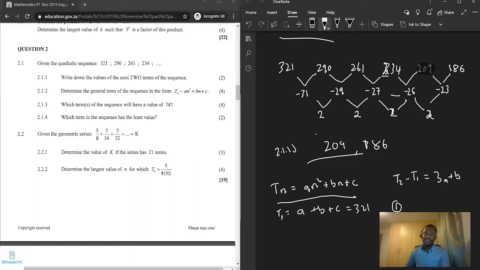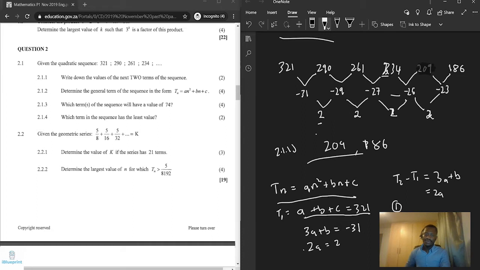If you do the same thing to get the second difference, you'll see that the second difference is equal to 2a. So the first equation is a plus b plus c is equal to 321, which is the first term. Secondly, we have 3a plus b equal to negative 31, that's the difference. And 2a is equal to 2.